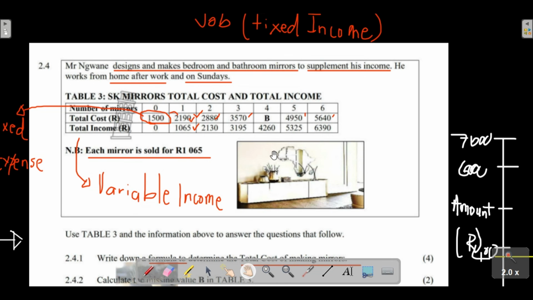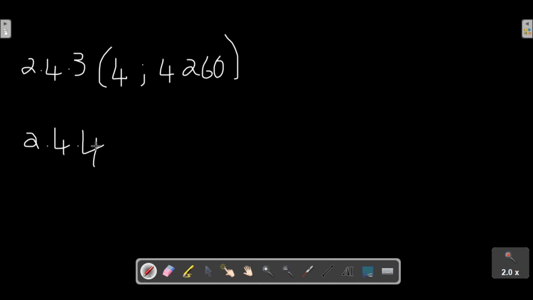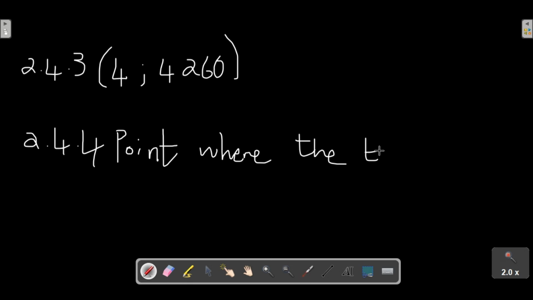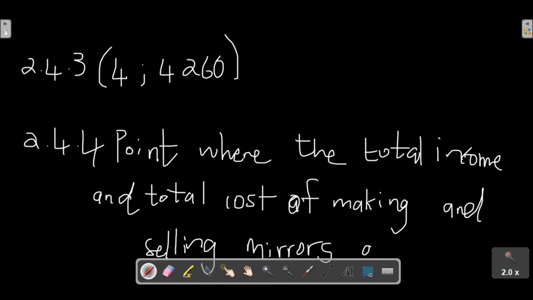So let's write that down: the break-even point in this context is a point where the total income and total cost of making and selling mirrors are the same.